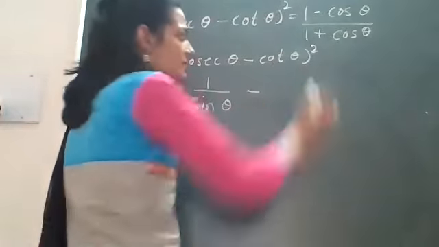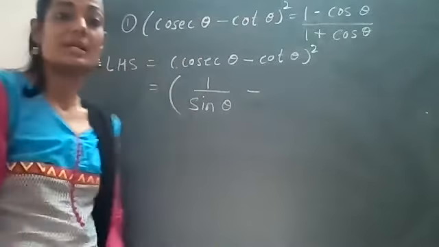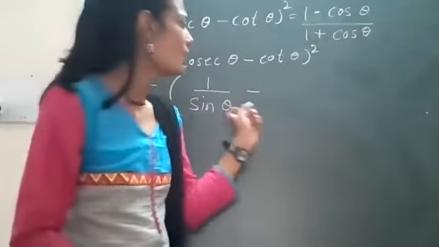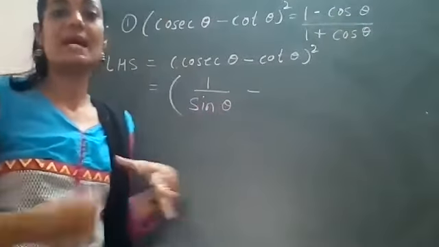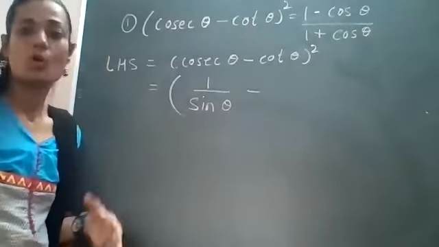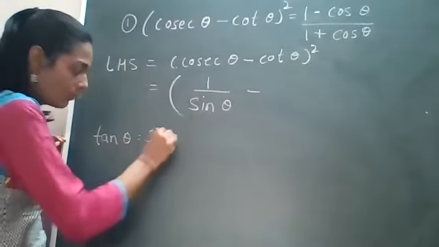Similarly, now cot theta is equal to what? 1 upon tan theta. But here we don't want tan theta. We want cos or sin, right? So we will write in terms of cos and sin. As you know, tan theta is equal to sin upon cos.